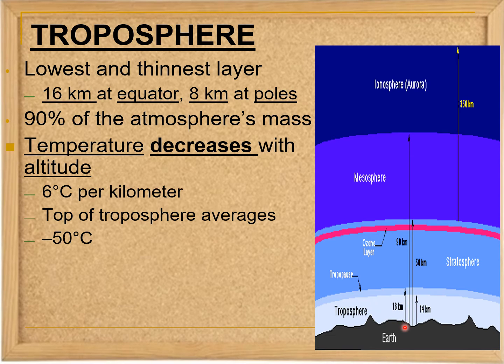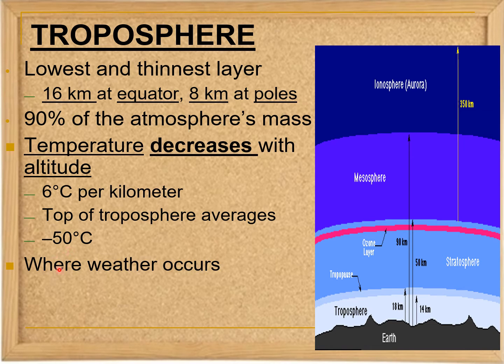As we move up, the temperature starts to decrease. Here's an average: for every kilometer, the temperature lowers by 6 degrees Celsius. The troposphere temperature will average about minus 50 degrees Celsius. This is just an estimate.